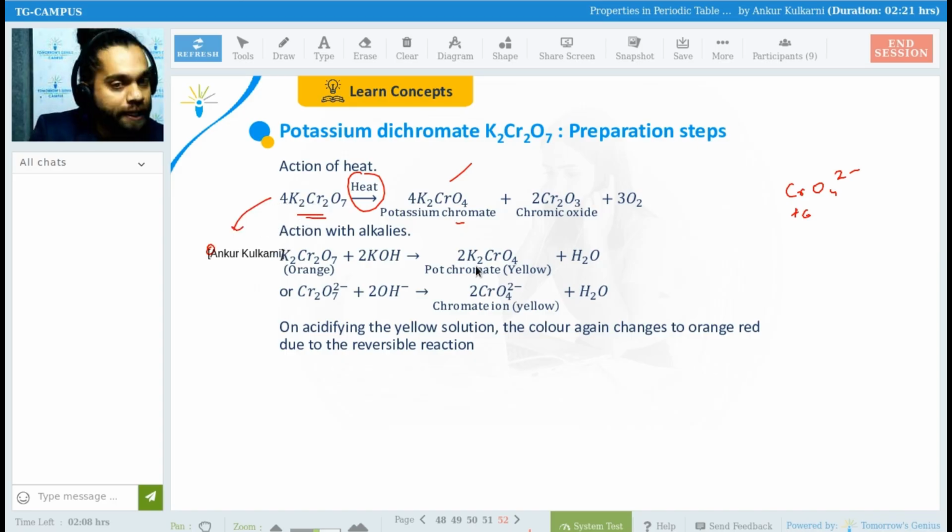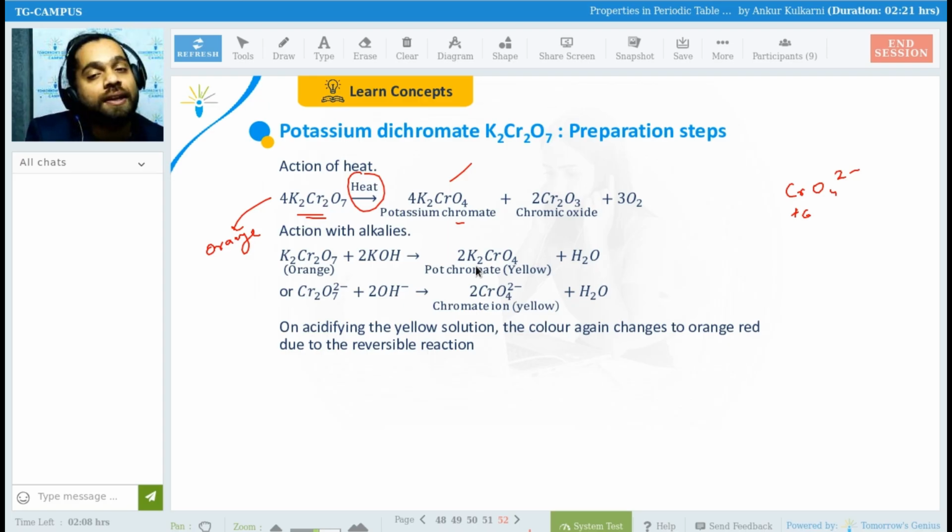Now your dichromate is orange, chromate is yellow. Orange, yellow. So Kevin, potassium dichromate on hair, orange, and your potassium chromate on teeth, yellow.